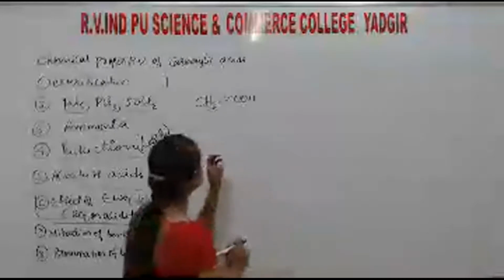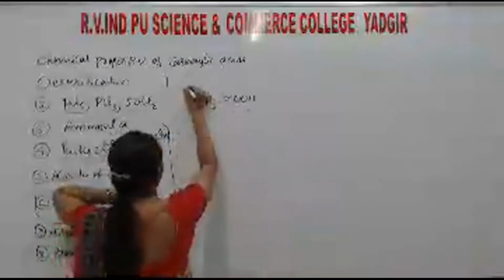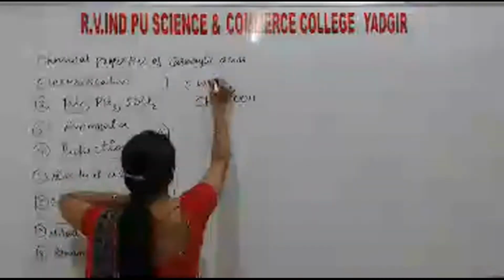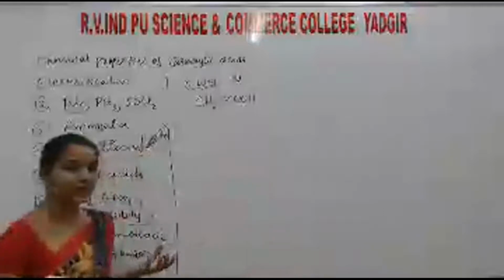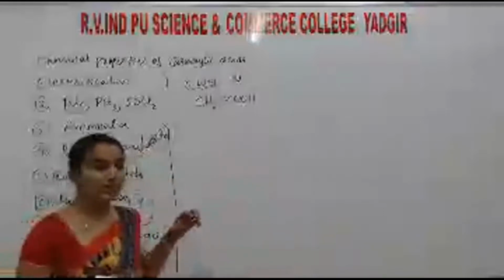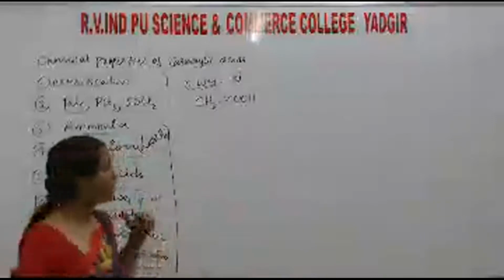So here I will take CH3COOH. First I will take an electron withdrawing group, Cl. Of course, Cl has affinity towards electrons, it withdraws the electron. Then what happens?